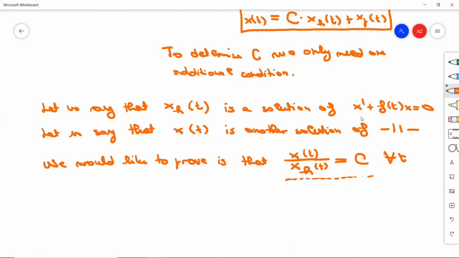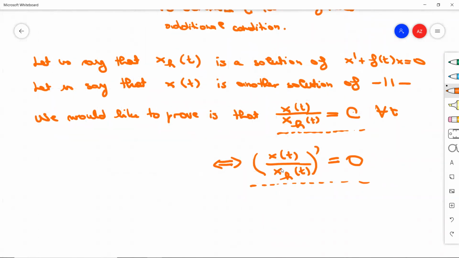So in other words, this is equivalent to saying that if we take the derivative of both sides, on the left-hand side, we take the derivative of this quotient, while on the other side, we get the derivative of C, which is 0. So this is what we want to prove: that (x over x_h)' is equal to 0.